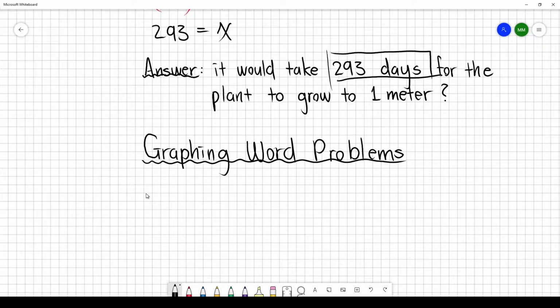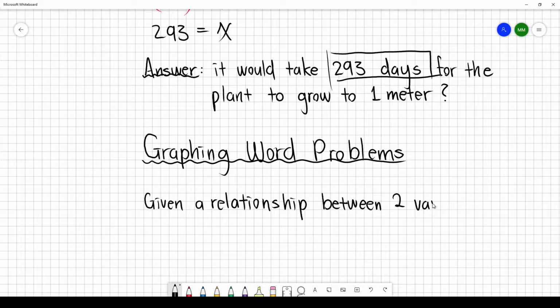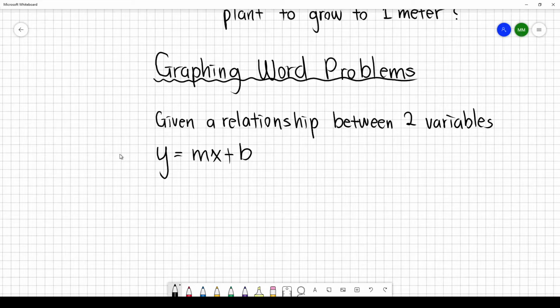So given a relationship between two variables. So let's say I have y is equal to the classic y is equal to mx plus b. So it's pretty much the same, except you're doing the reverse now.